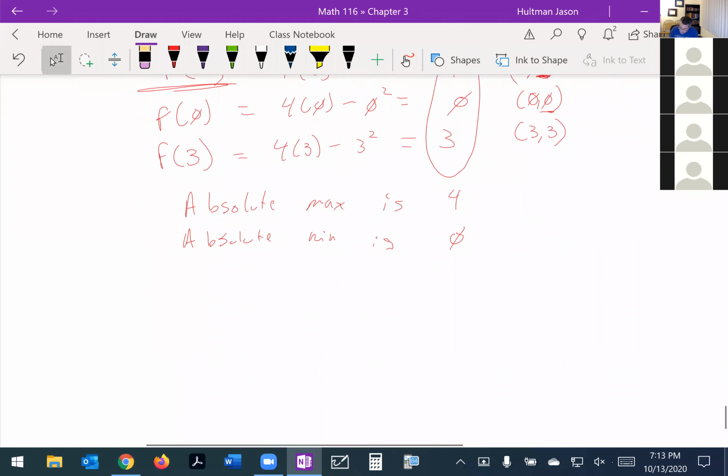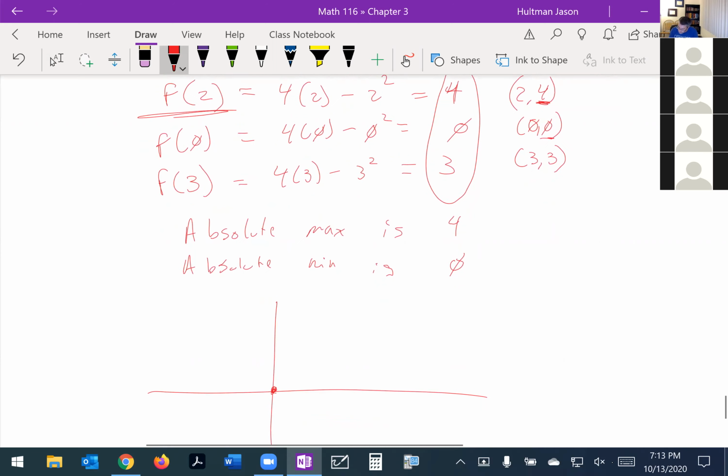Why? Well, let's look at the graph of this thing. It goes through 0, 0. It also goes through 3, 3, and it also goes through 2, 4. It's an upside down parabola, and it stops here. Why does it stop there? Because we're only allowing the domain to go from 0 to 3.